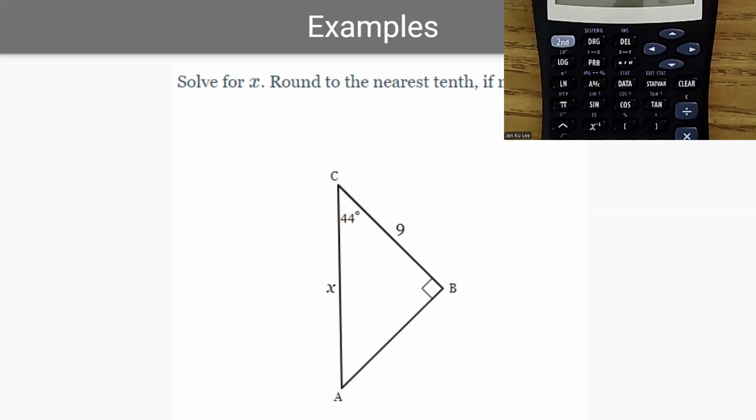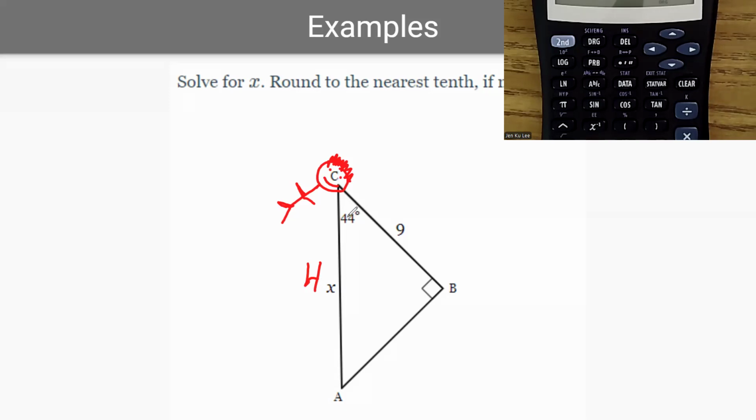Since the 44 degrees is given to us, I'm going to use this angle, angle C, and set up the problem just the way that we've been practicing. So I'm looking at it from the viewpoint of this angle, 44, or angle C. I know that opposite my 90-degree angle is my hypotenuse, x.